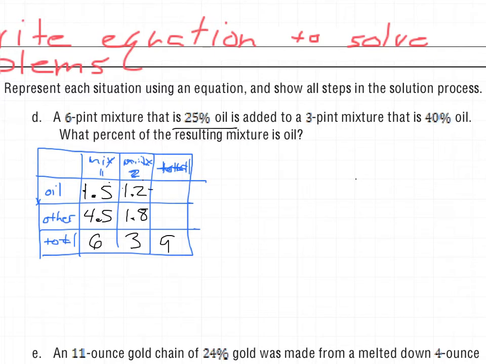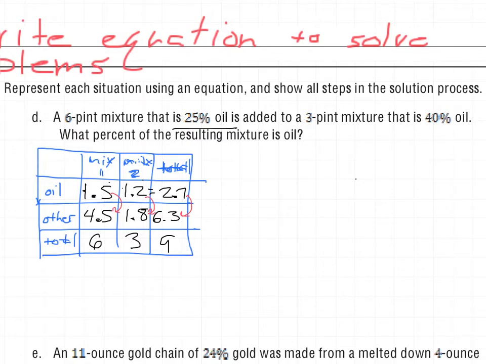So we get a total of 1.5 plus 1.2 is 2.7. 4.5 plus 1.8 is 6.3. And just as a quick check, this does add up to 9, this does add up to 6, this does add up to 3, so everything in our chart looks good.